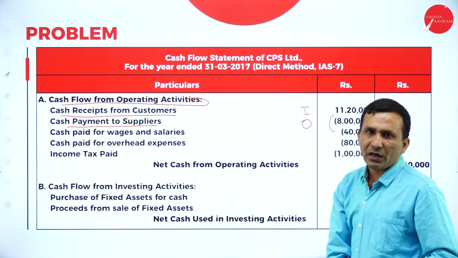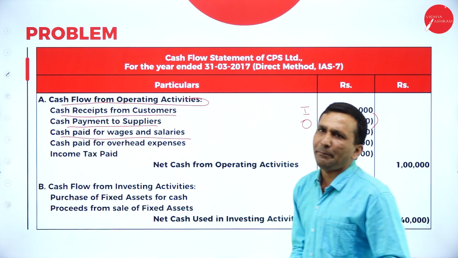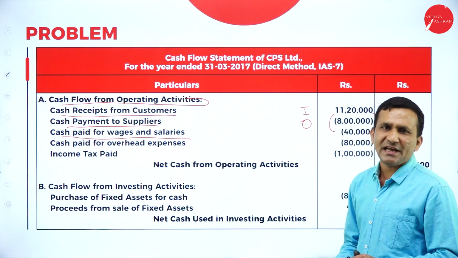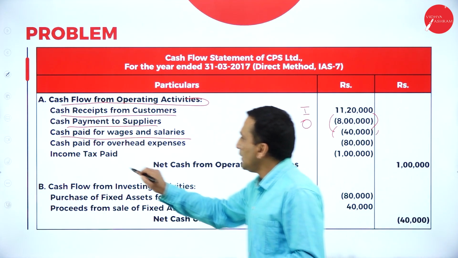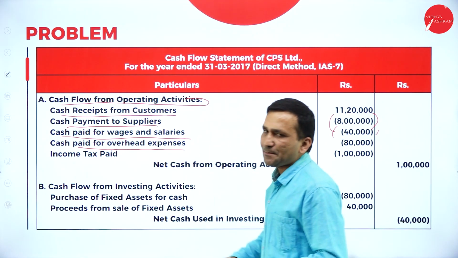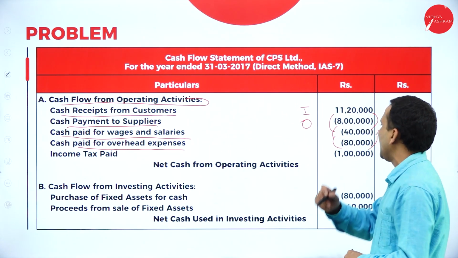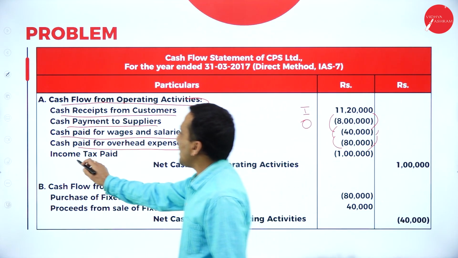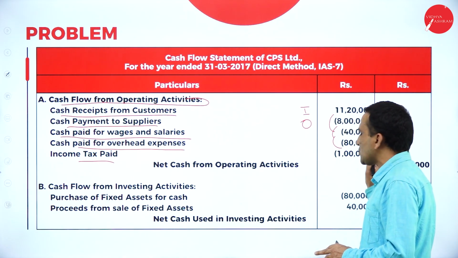Now cash paid for wages and salary. In business there are a number of committed expenditures, and obviously the 40,000 is money going out. Again the cash paid for other overheads expense, which is also in the minus category. Now the last one, income tax: the money is going to the income tax department, so that is also minus.